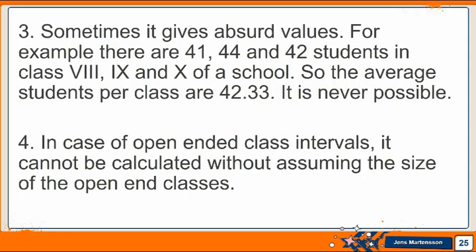Next, sometimes it gives absurd values. For example, baka gaya nung kanina, 41, 44, 42. Kapag in-add mo sila, divide mo sa 3, ang magiging result is 42.33. So, kahit ang data mo is discrete, nagkakaroon ka ng decimal.